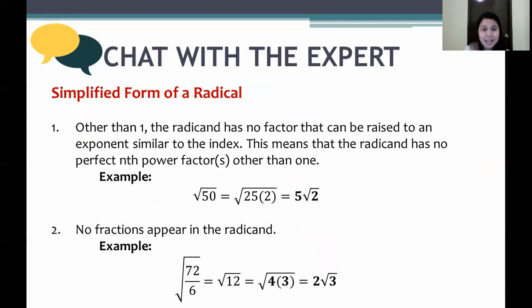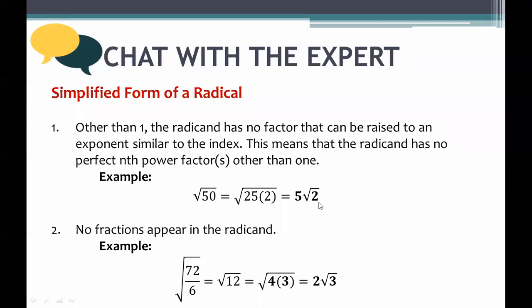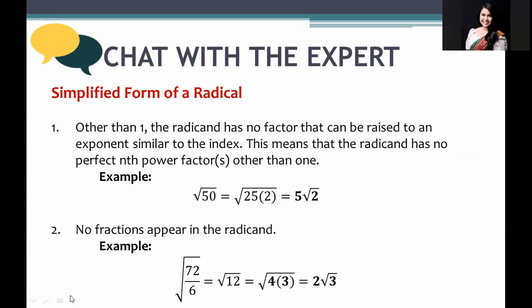Now, let's have the simplified form. How do you know that the radical is in simplified form? The first one, you know it's in simplified form if the radicand has no perfect nth power. Example, square root of 2 is the one left. There's no square root of 2, so it's already the final answer.